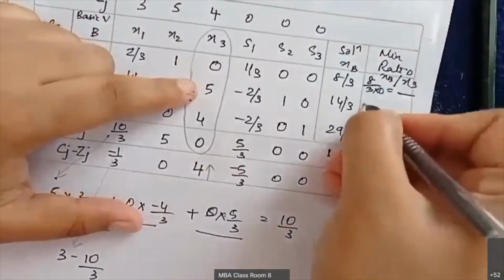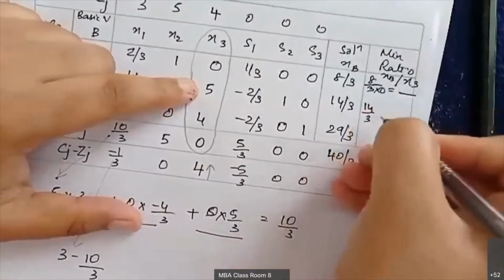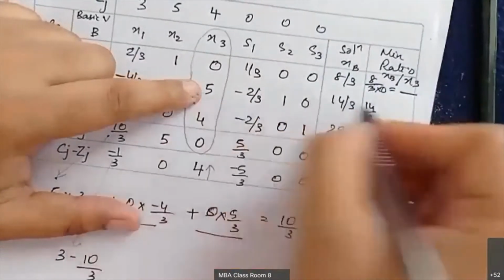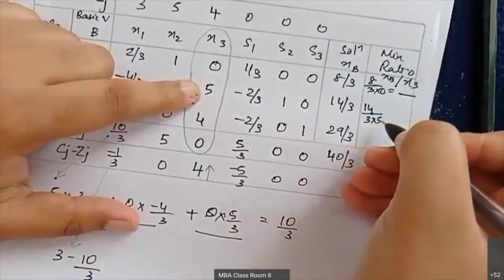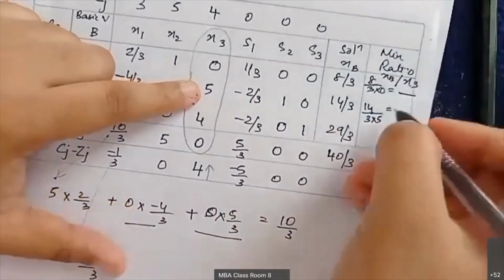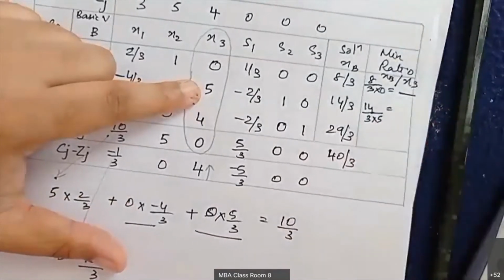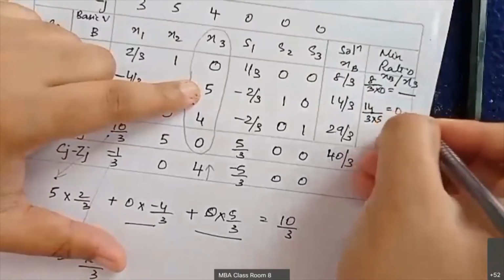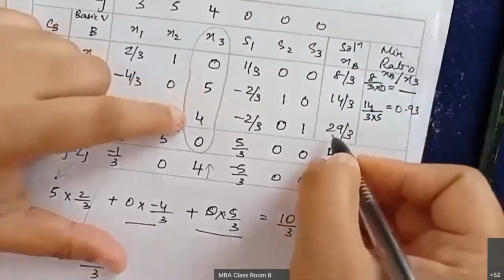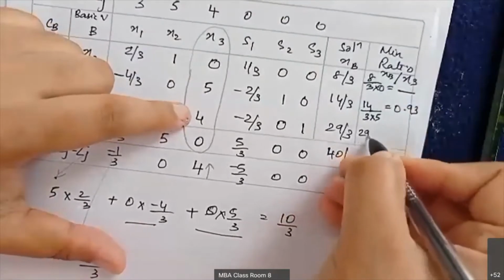Next one. 14 by 3 divided by 5. Instead of divided by 5, I can write multiplied by 5 in the denominator. So 14 divided by 15. What is the value? 14 divided by 15 is 0.93. Again, 29 divided by 3.